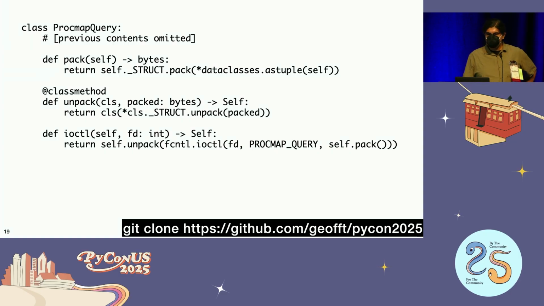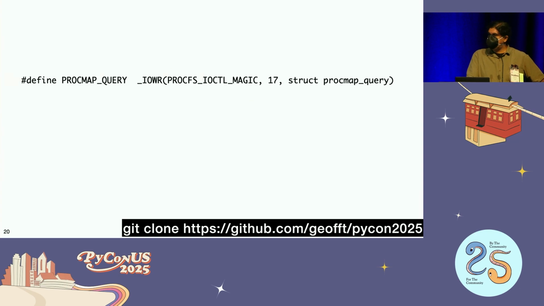And that brings us to the next challenge, which is we need the value of this procmap query constant. And that is not as easy as it was with the one we just saw. This is how it's defined in the kernel. Because ioctl operations are specific to the type of file, there's a little structure for encoding what type of file you think you're operating on, so you hopefully don't make mistakes. This one is saying this is the 17th operation specific to files in proc.